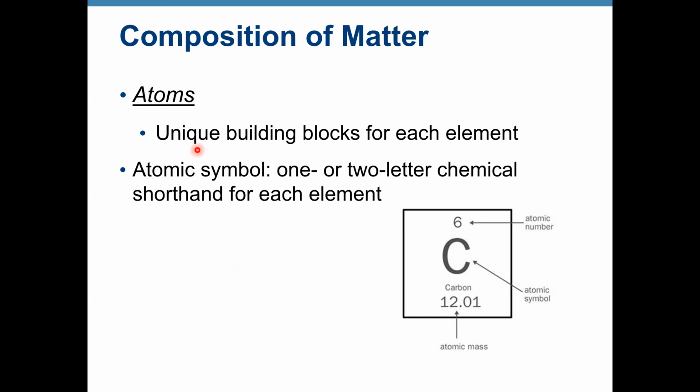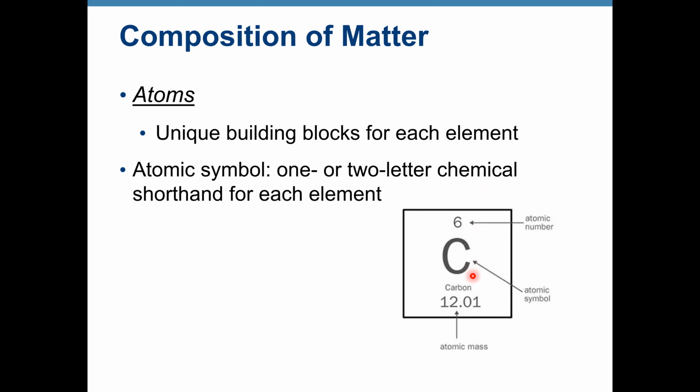So atoms have an atomic symbol, right? So right over here is shown carbon. It's usually one or maybe two letters for each element, and each element will have an atomic number and atomic mass.